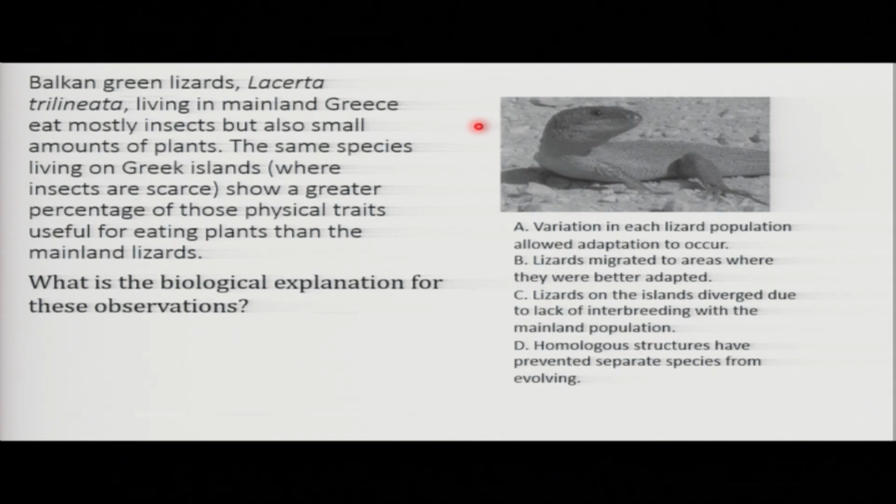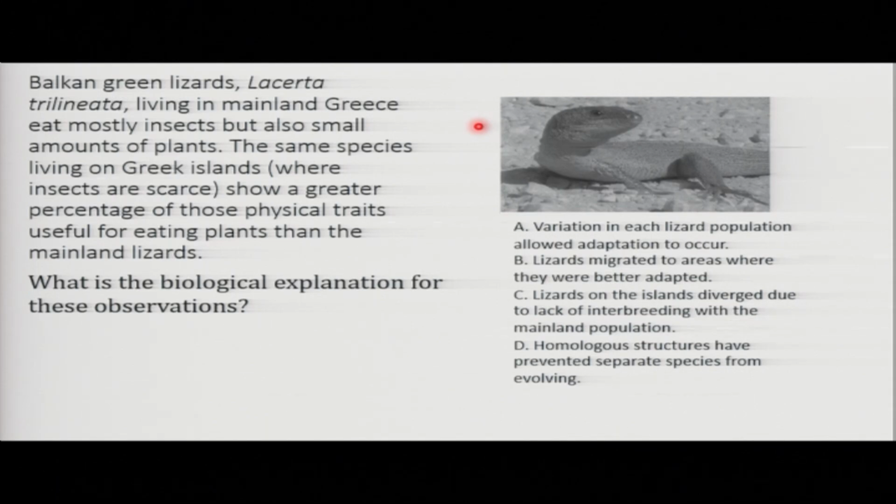The green lizards, with that scientific name, living in mainland Greece, eat mostly insects, but also small amounts of plants. Important information. Mostly insects, but also small amounts of plants. So it means that the menu is essentially insectivorous.